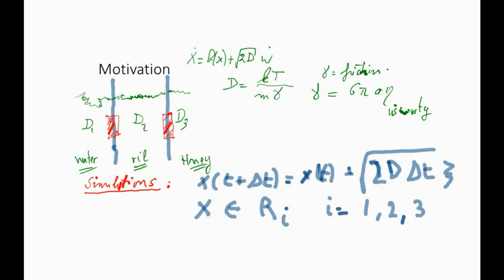But what happens at the interface? If we are at the interface, we may imagine that the process switches: you start with the particle at position 1, and it switches to position 2 and 3 and so forth.